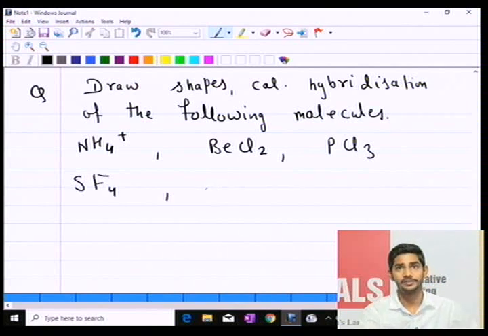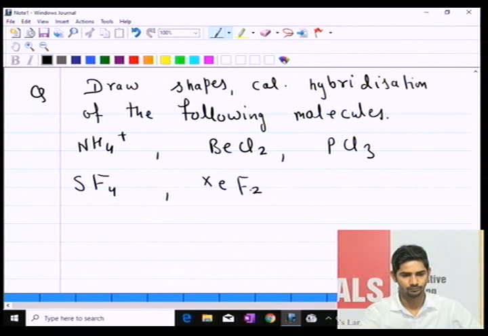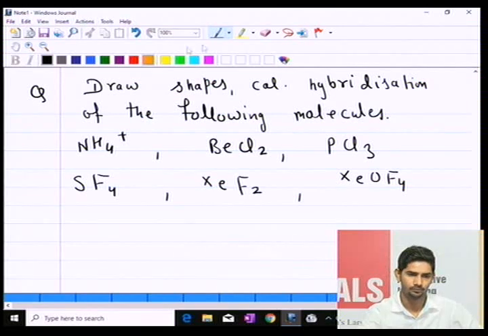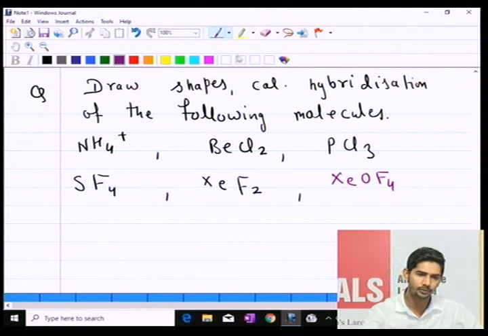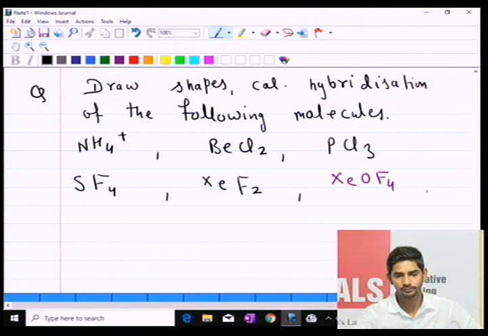You have to write the shape as well. The question with the purple, do it carefully.